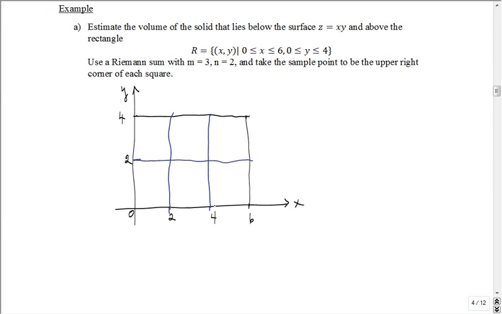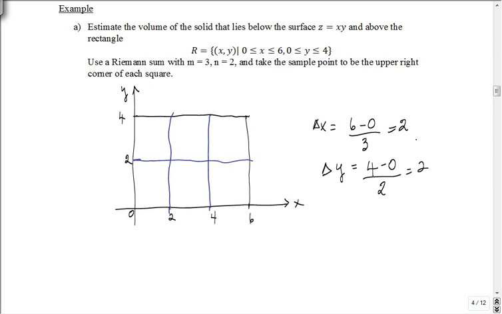Now the first thing we should do is find delta x. We want delta x, delta y, and then delta A. So delta x would be 6 minus 0 over the number of divisions, 3, and that is 2. Delta y would be 4 minus 0 over the number of divisions, 2, which is 2.